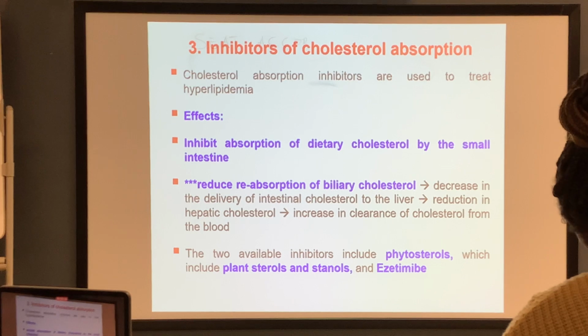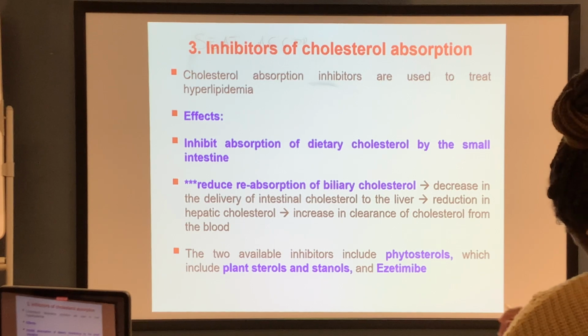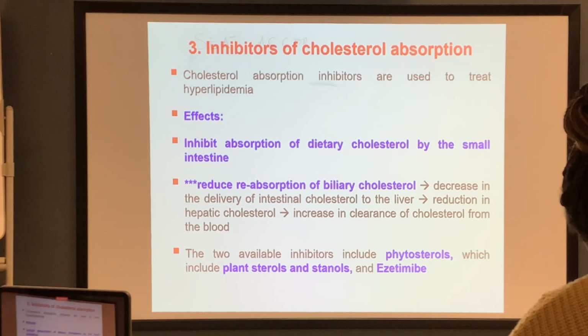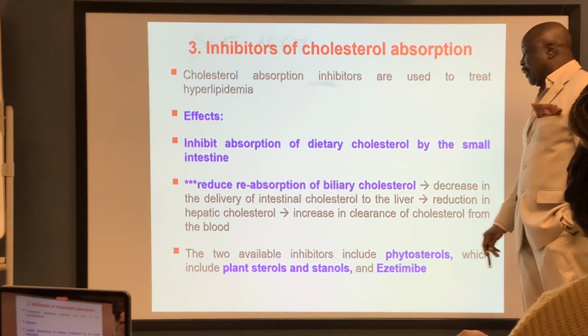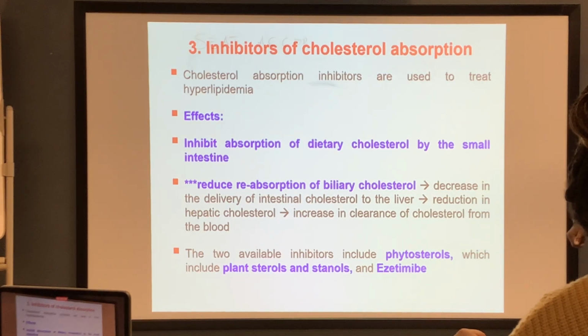By so doing, there's a reduced delivery of cholesterol to the liver, therefore the hepatic cholesterol is less, and therefore there's an increase in clearance of cholesterol from the body. The two available inhibitors are phytosterols, which include plant sterols and stanols, and of course ezetimibe.